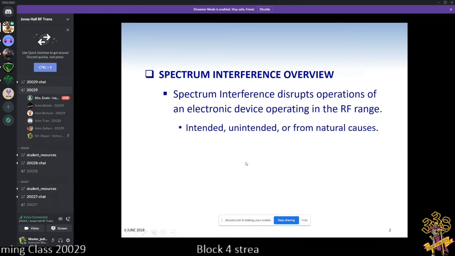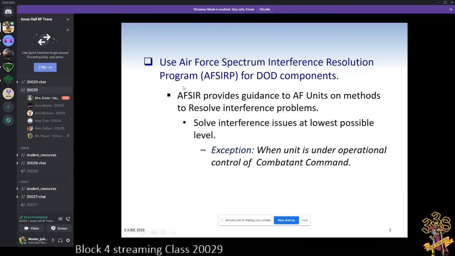Interference can be from your enemies deliberately trying to interfere, or somebody who has no idea they're causing interference, or it can be from natural causes such as solar flares, northern lights, or lightning. Of course, the Air Force has a program for everything. So if you have interference issues, we have the U.S. Air Force Spectrum Interference Resolution Program, and it provides guidance on methods to resolve interference problems.